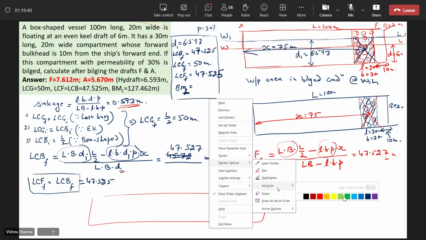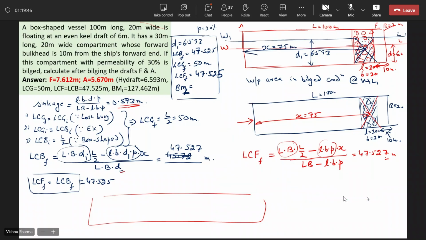That was the formula for BML you had done, is it? IFF by the volume of displacement. Guys, if you keep forgetting everything that you are doing, then you are inviting trouble for yourself in the exams here. What is the formula for BML?